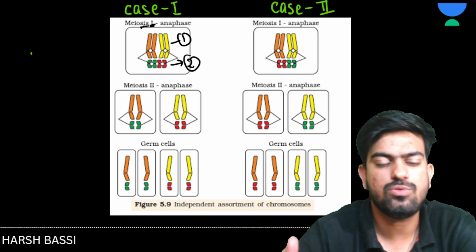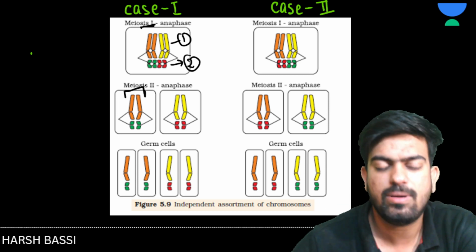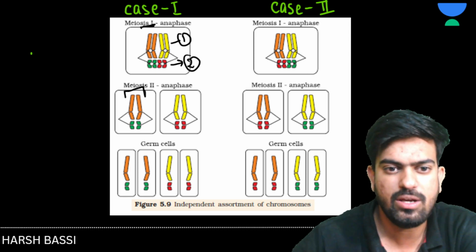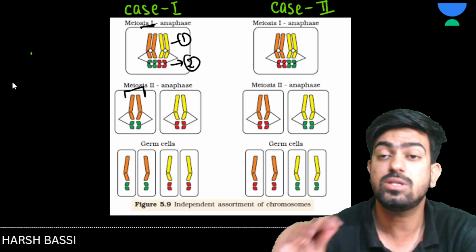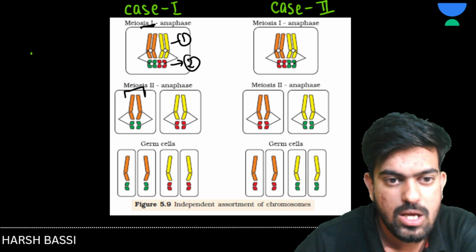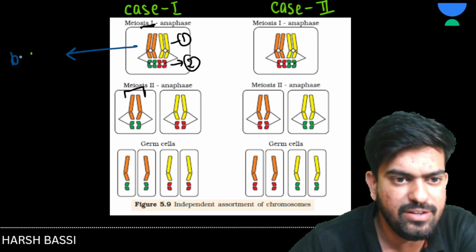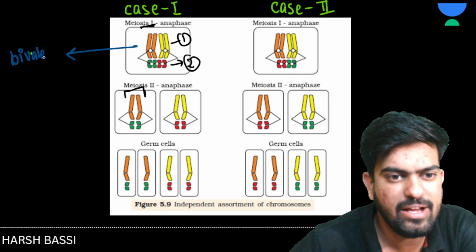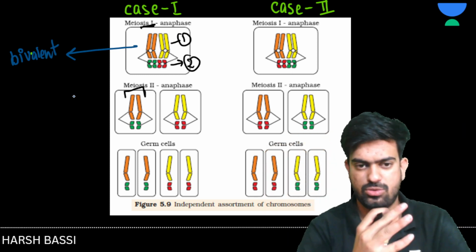But in meiosis 2, what happens? In meiosis 2, these sister chromatids are being separated. If I talk about the cell cycle, if you have any doubts in these terms, go and watch the cell cycle. That will be very helpful for you. So what's happening here, sir? Here the bivalent or the tetrad which were formed, they are separating from each other.